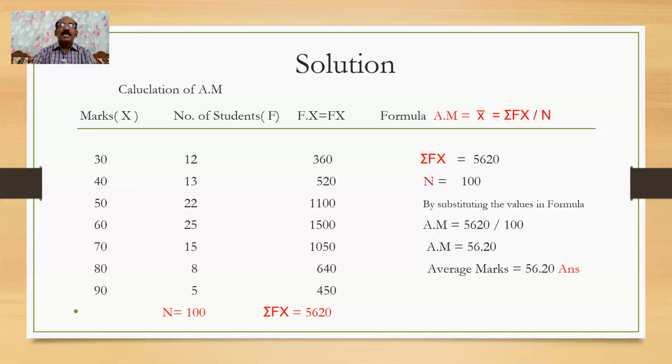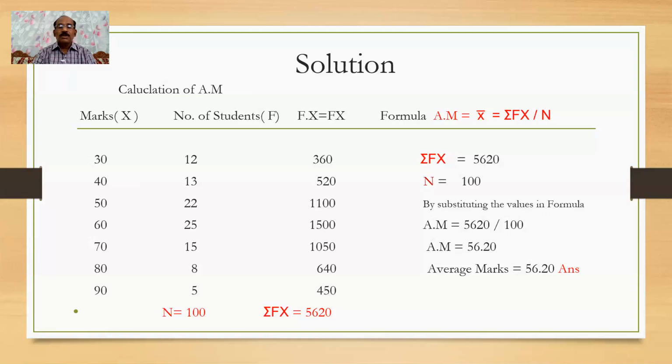We created the fx column also in this problem. With this formula only we are going to create it. How many columns are needed, we have to draw all these columns. And after getting these, we substitute the values in the formula, we get the answer.